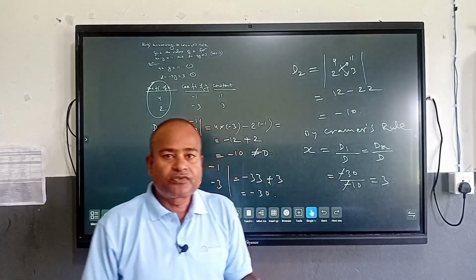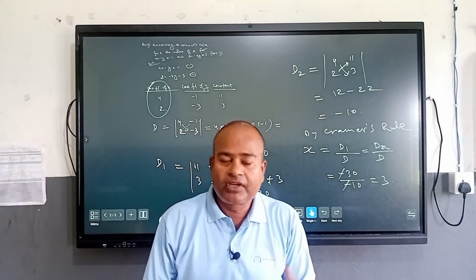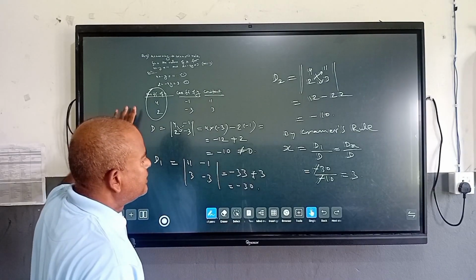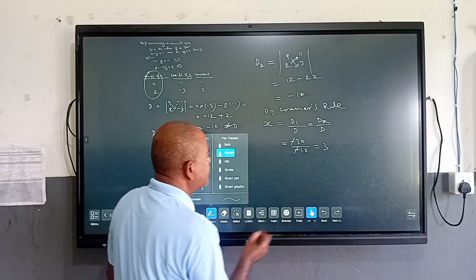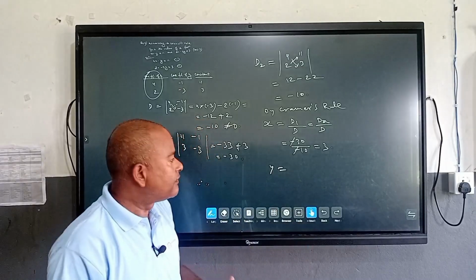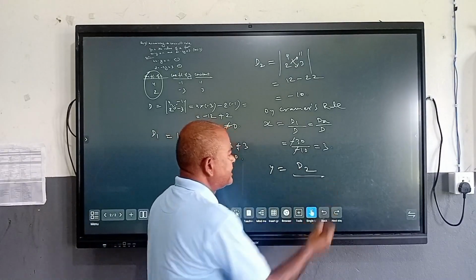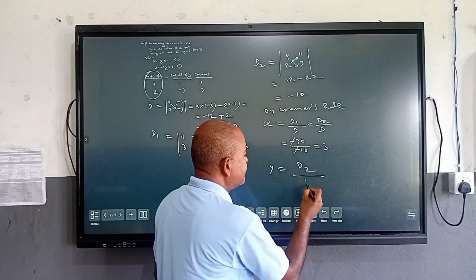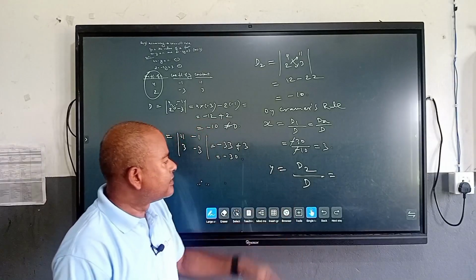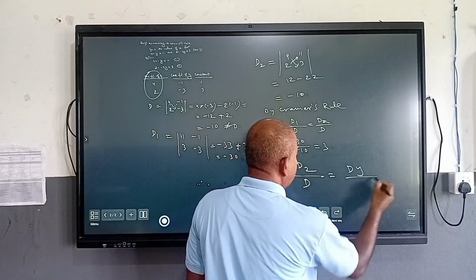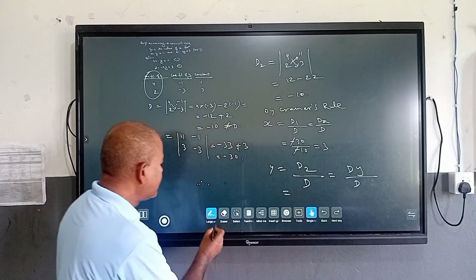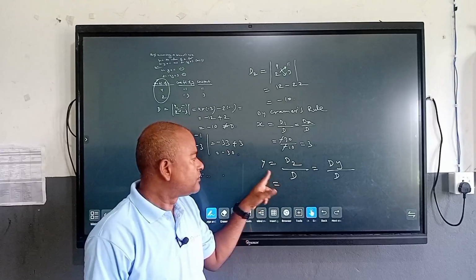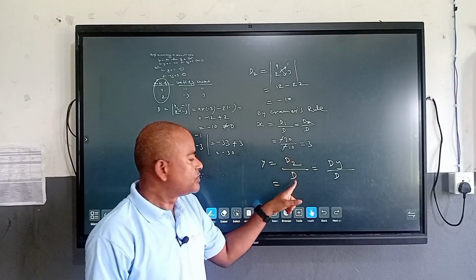Dear students, we are asked to find only the value of x, but we can find the value of y also if it is asked. According to Cramer's rule, the value of y is obtained by dividing the determinant d2, which we can suppose dy also, by d. So the value of y is given by the formula d2 divided by d.